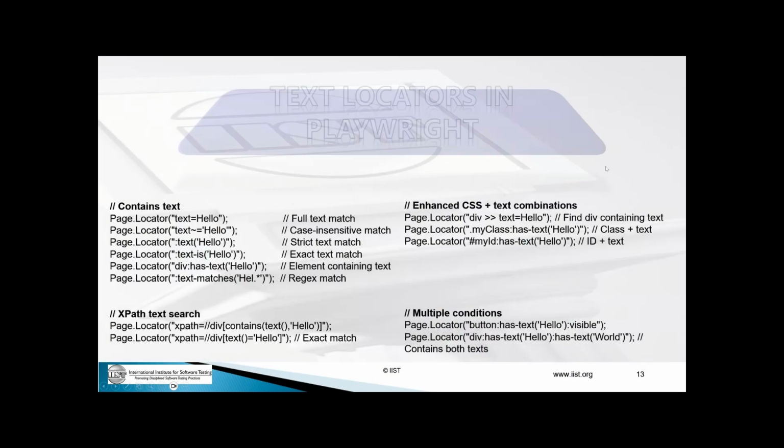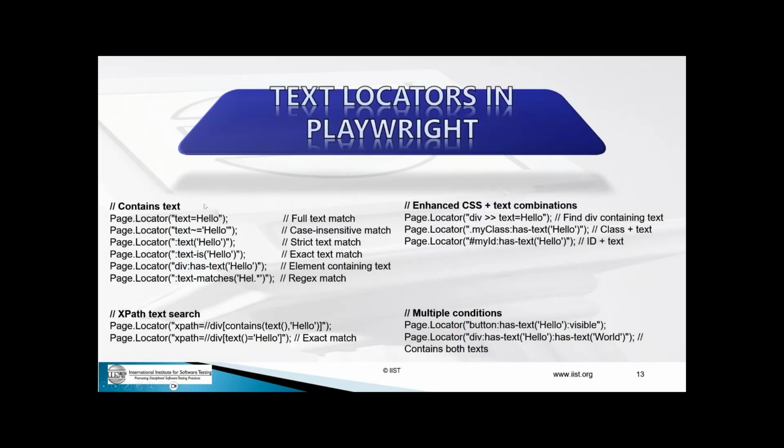Playwright has a lot of other things that you can do, because we could add code that says, hey, look, I wanted to find a full text match. Okay, well, fine. The locator text equals hello. Oh, wait a second. I want to have a case insensitive match. All right, this locator here will find hello with a capital or lowercase h, or all caps HELLO, or whatever combinations of those.